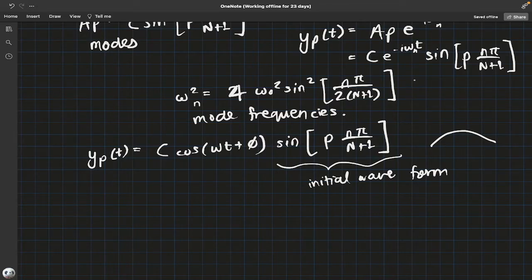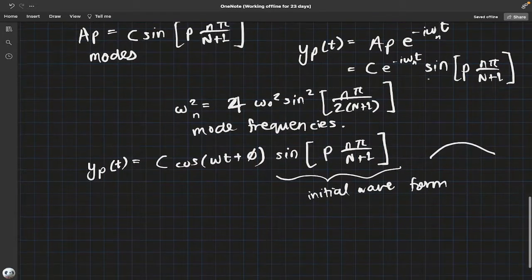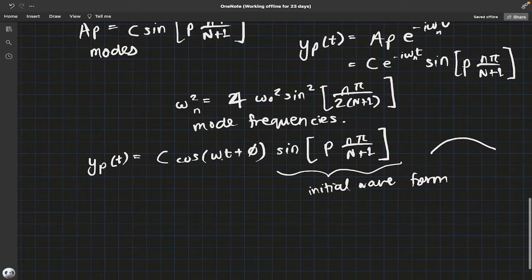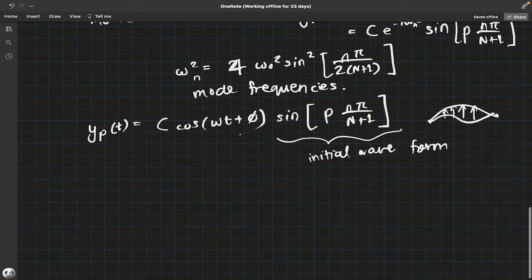All the e to the i omega t, or this exponential or cosine part, is going to do is evolve it. It's just going to make it go back and forth, make it oscillate about those fixed points. Of course, we can have different frequencies depending on the modes, but that's what this time part is going to do.